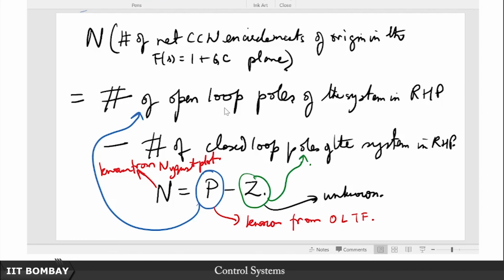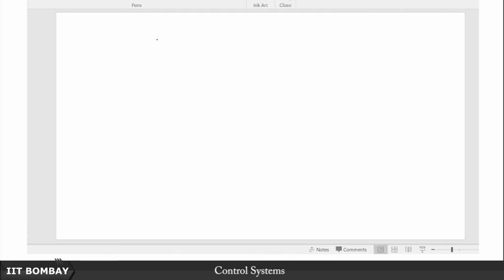So in order to bypass this problem, here is what is done. Think of this Nyquist contour again. What part of the contour do you think can actually give us this sort of trouble? This infinite part of the D is generally not going to give us any trouble, because it is all at infinity.